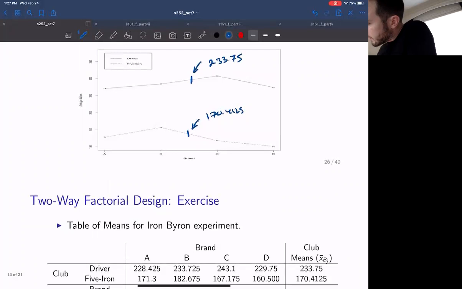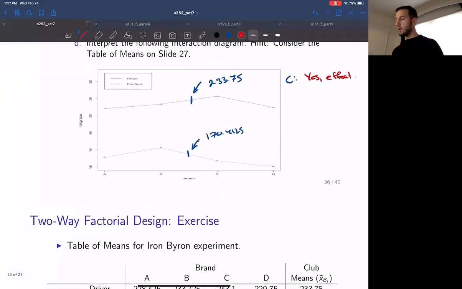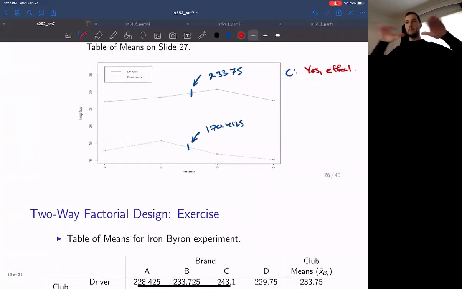So the interaction diagram for club type is saying yes, club effect. For the same reasons that we discussed before, we can see that there's a difference in the mean of the driver distance and the mean of how far the ball travels for the 5-iron. So that implies a club effect. And obviously from the ANOVA table, we know that this is a very significant effect.